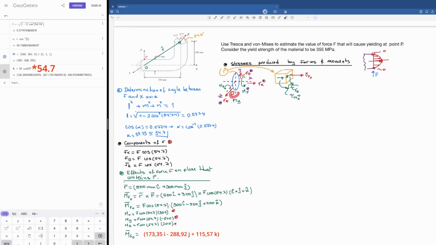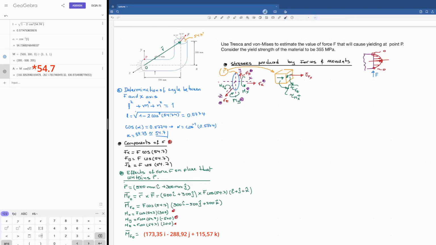Which means that any bending effects created by this moment My are not seen by P, because P is located in the neutral axis of the section. So nothing happens there. This is good to do in this kind of analysis because you get to see what you are facing, what you need to calculate, and then you don't calculate extra stuff without needing it.